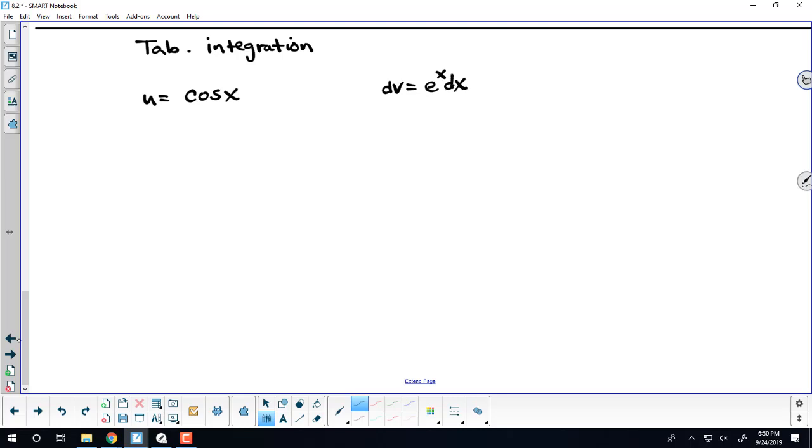And remember, the u's we just take derivatives of, so we'll just write these out: minus sine, minus cosine, sine, cosine, and on we would go.